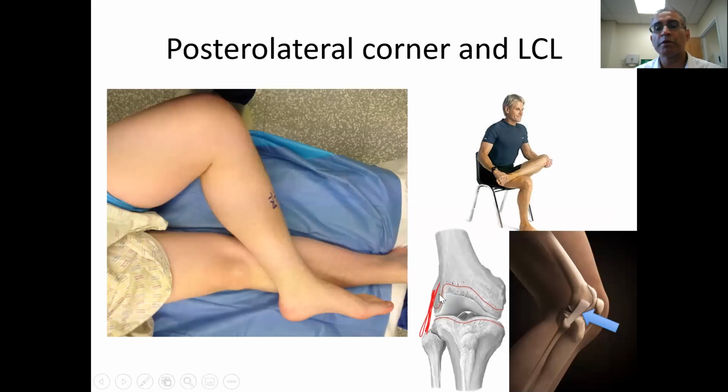You would be able to feel a tight band on the outer side of your knee. And I suggest you go in perpendicular to this band. You will feel a cord-like structure, usually best felt around the joint area between the femur and tibia. Try to feel it. You'll be able to feel it, and it does give you that kind of light bulb moment when you can feel that.